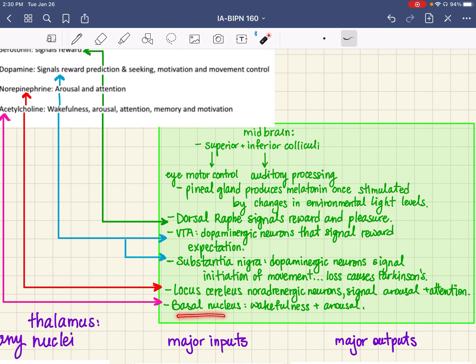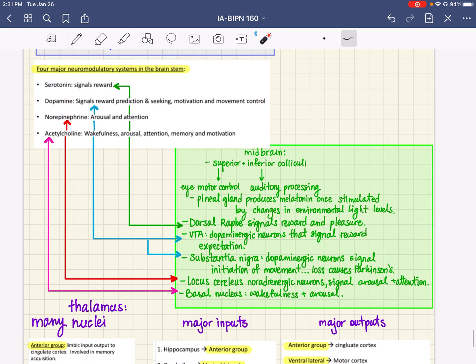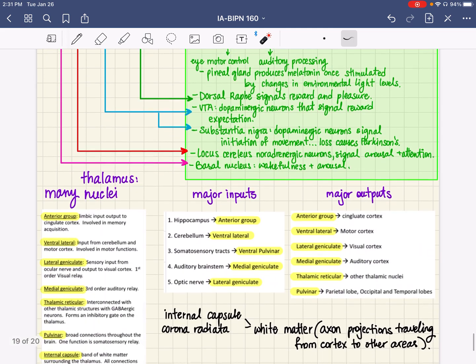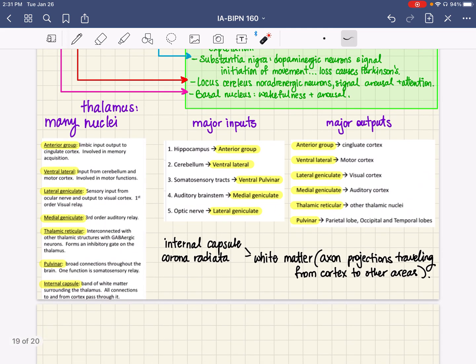And then the basal nucleus secretes acetylcholine. It has cholinergic neurons, and those signal wakefulness and arousal, and the other functions that are mentioned right over here. Okay, so all of this is just something that you have to memorize, or hopefully you have taken good notes for the exam.